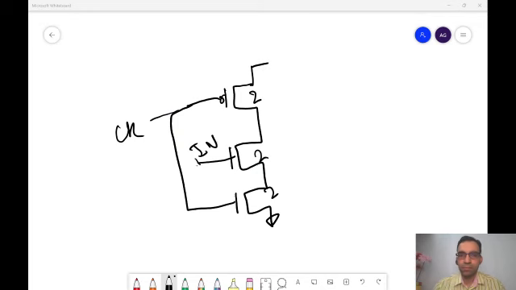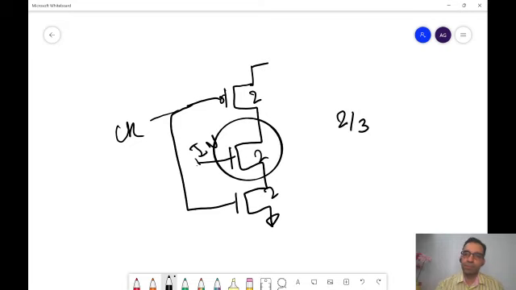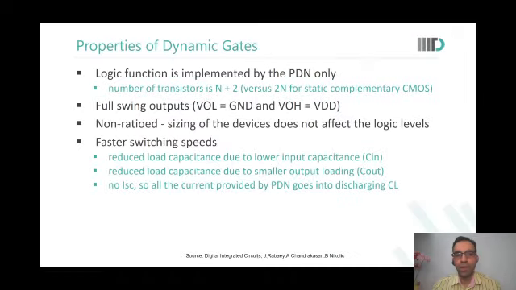Am I right? Yes sir. This will be a dynamic inverter. So the logical effort is 2 by 3. Okay. Fine. So then what do we do?